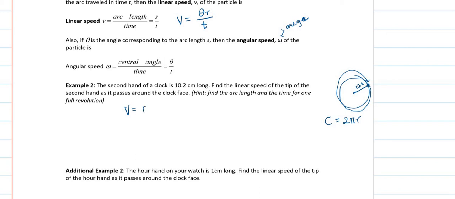Let's use radius times theta over t. So our radius is 10.2. Our full revolution is 2 pi, because in radians, that's what it is all the way around a circle. And the time it takes the second hand to go around the clock face is 1 minute. So that's 60 seconds.